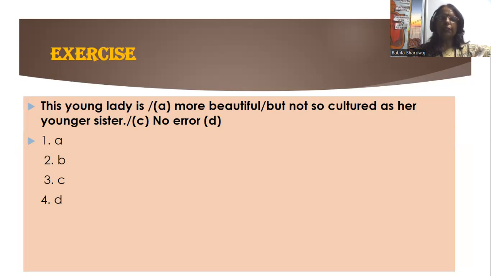In the B part of the sentence, you can see double degrees are used, more and beautiful. So this cannot be written like this. It should be: this lady is beautiful, but not so cultured as her younger sister. So the correction is required in the second part of the sentence.